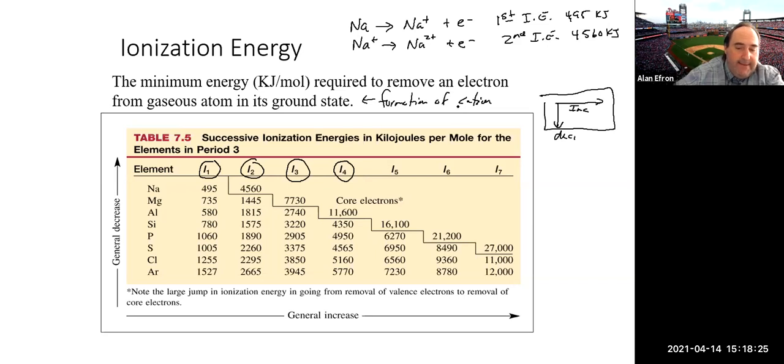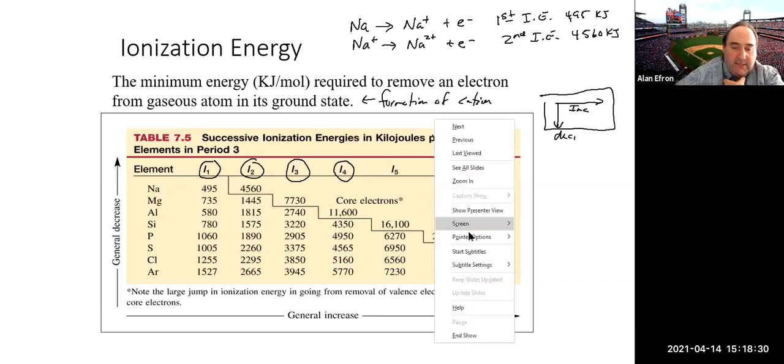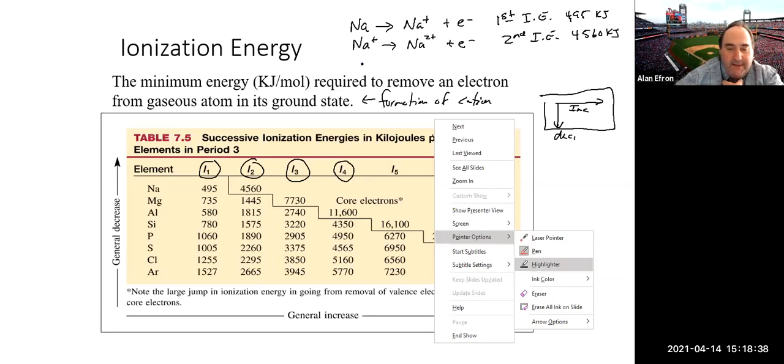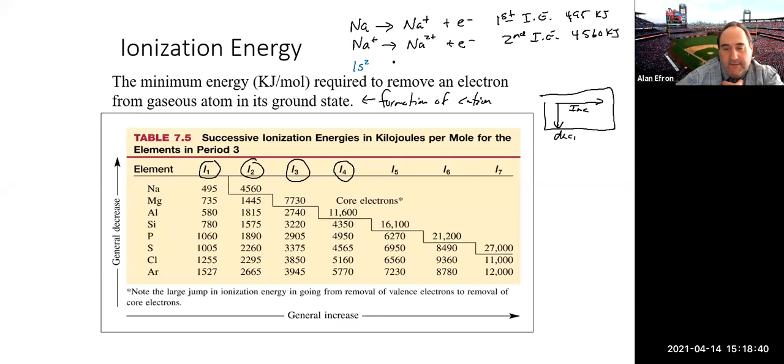What just happened as we went from the first electron to the second electron? Well, if we look at the electron configuration for sodium, it is 1s2, 2s2, 2p6, 3s1. Those first ones are our core electrons, and this is our valence electron.